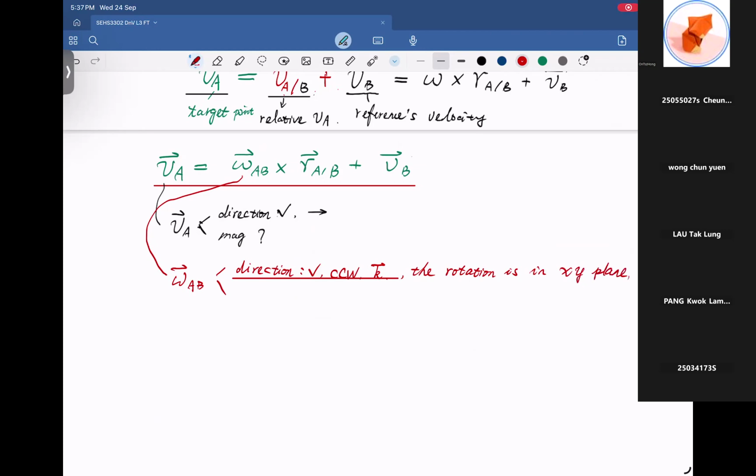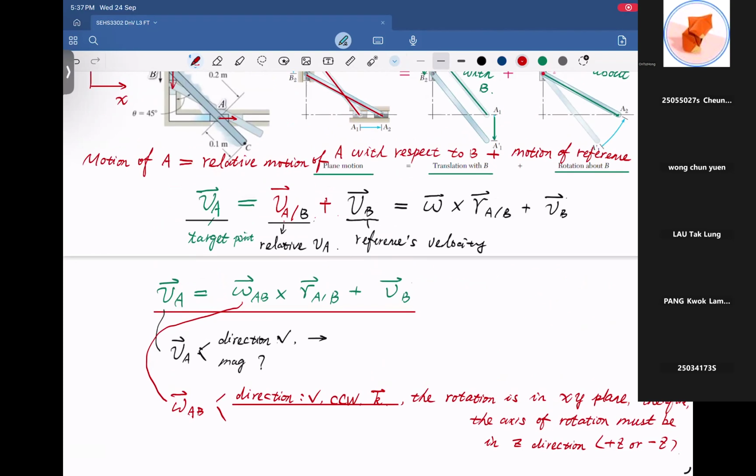Therefore, the axis of rotation must be in the z direction, right? Positive z or negative z. Agree with me?